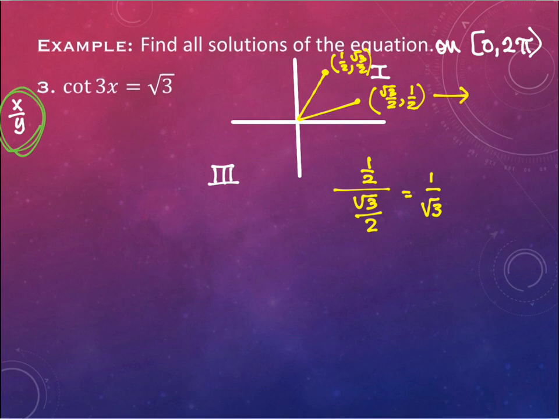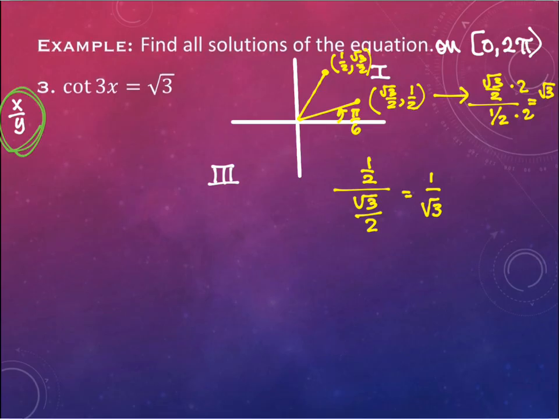If I do this one down here, and I have square root of 3 over 2 divided by 1/2, and I multiply by my 2, like I did on the previous example, I'm going to get square root of 3 on this one. Okay, so it's actually the pi over 6 angle. Pi over 6. That's in quadrant 1.